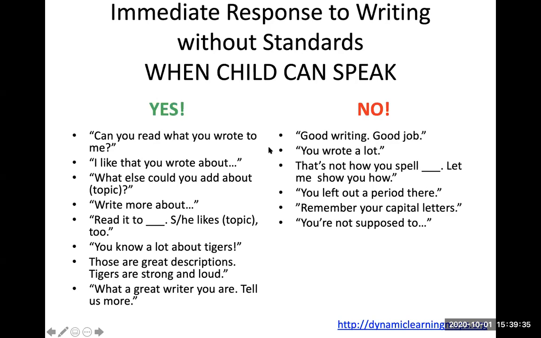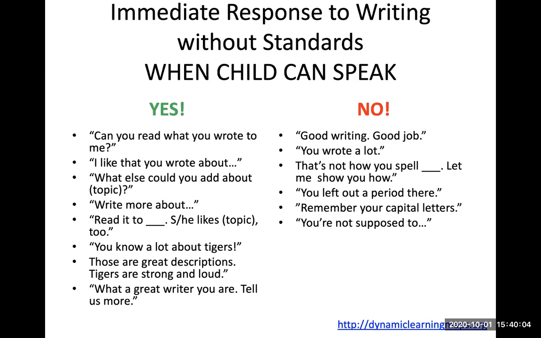So here are some ideas that you can say to a child who can speak. Okay, if they write something, you don't want to say, good writing, good job, because that's very non-specific. They won't know what they did that was so great. And you want to help them understand what they did so well so that they repeat it. You don't want to say you wrote a lot, because a lot isn't necessarily good, right?